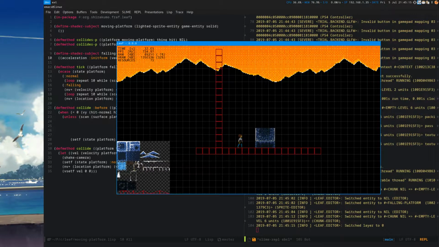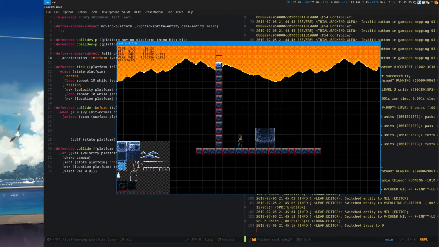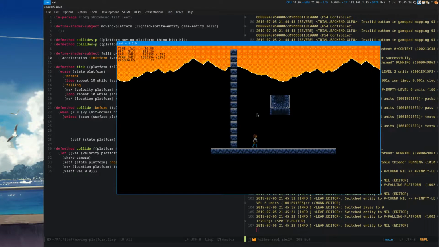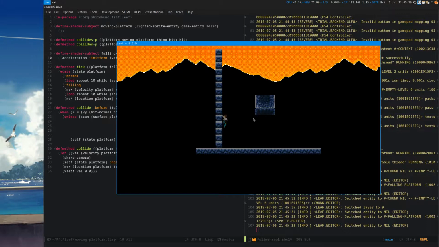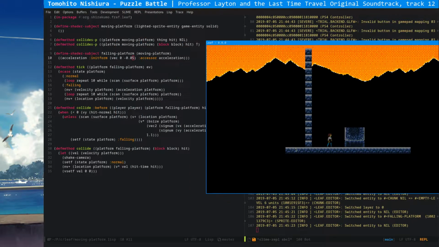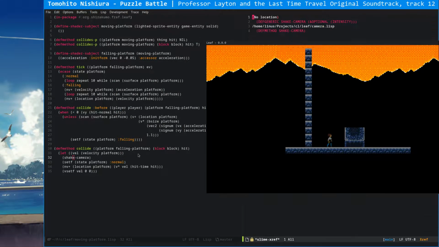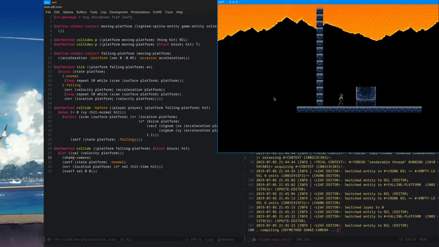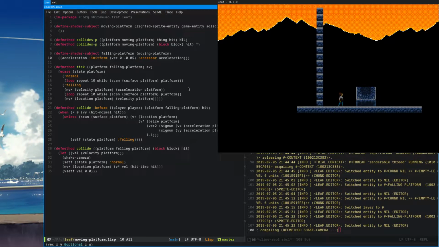Let's add some decoration so we can actually see what's happening. I don't know. Also, the camera shake could be a bit stronger, couldn't it? 20. Let's make it 7.5, maybe.